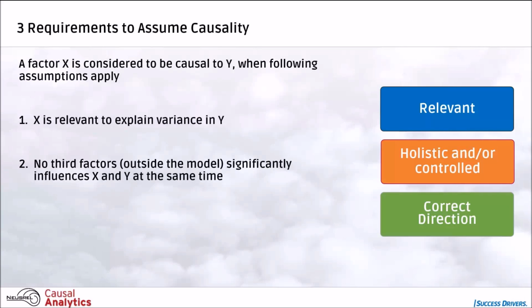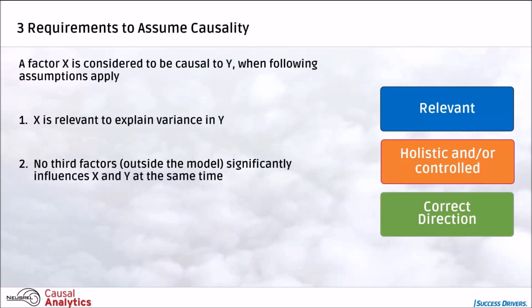And this indicator will be enough to basically control in the model the influence of this third factor. So in short, either you do experiments or you do a holistic model. Typically both is advised if possible.